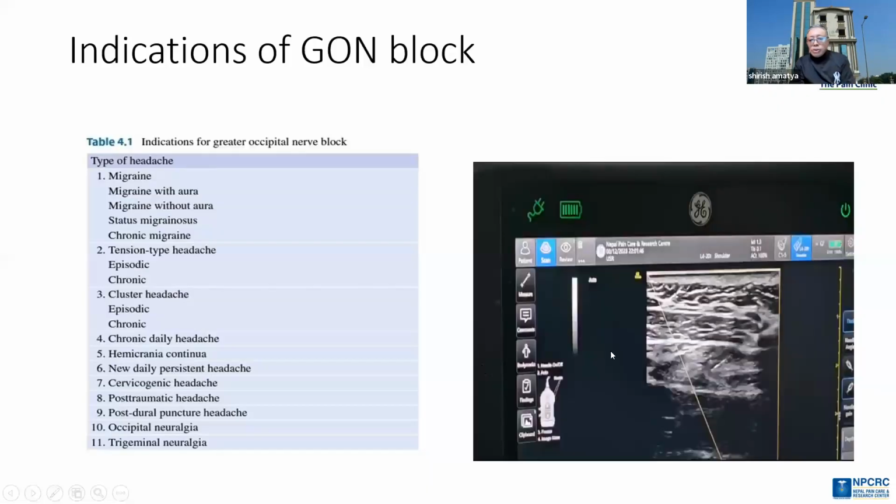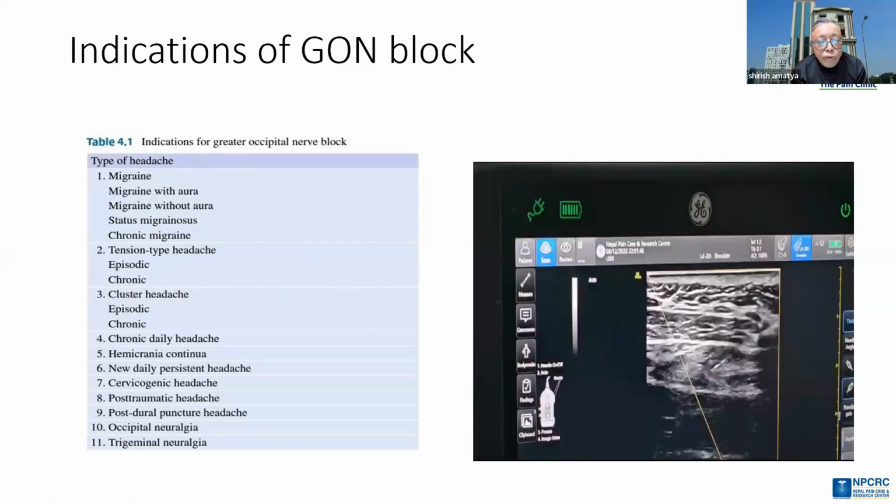Okay, sorry, sir. If you see the indications, greater occipital nerve block is not only given in greater occipital neuralgia. Greater occipital neuralgia is only one of about 10 indications. You can give this block in various types of migraine, tension-type headache, and cluster headache. In these conditions the occipital nerve block usually helps to break the pain cycle.